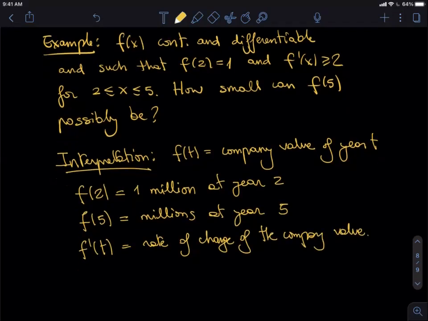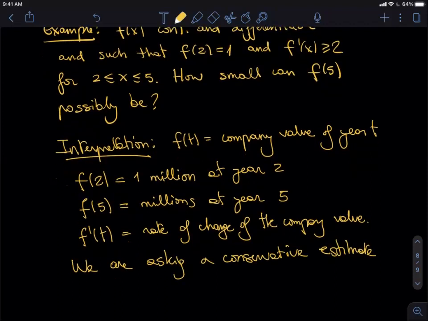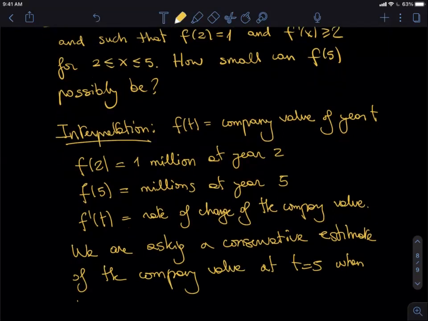So what we are asking in this question is a worst case scenario. It's a conservative estimate of the company value at t equal 5 when we know that f prime of t is at least 2.